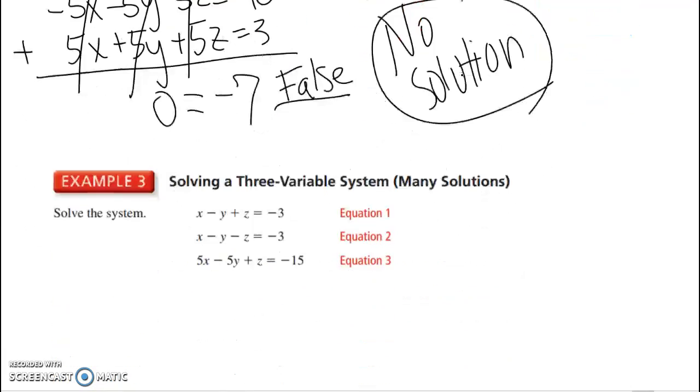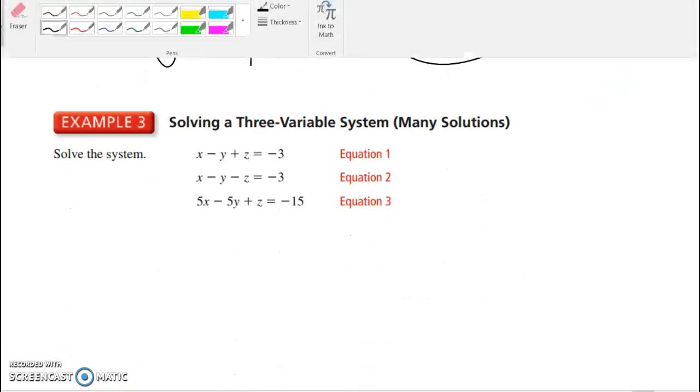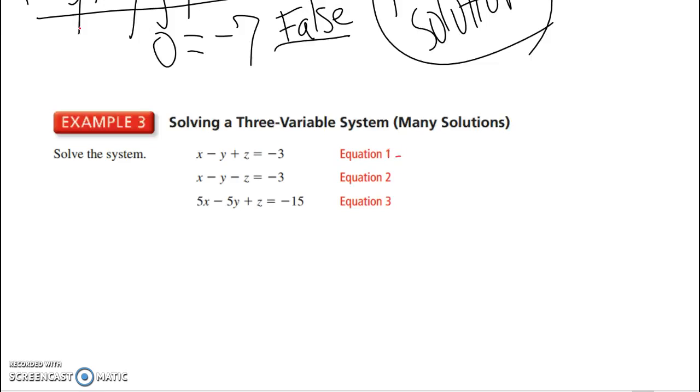Then if we look at example 3, and I look at my equations A, B, and C, I want to cancel out my z's. If I just add equation A plus B, it'll cancel my z's.